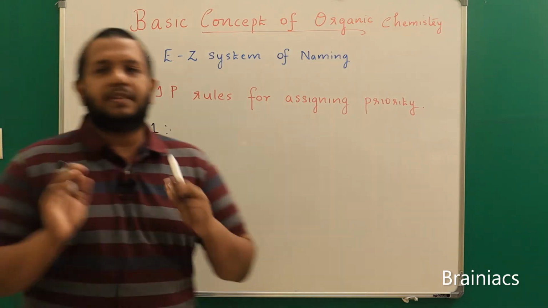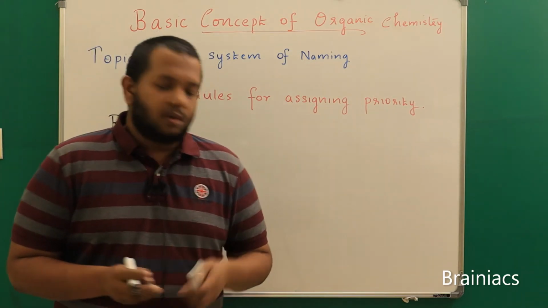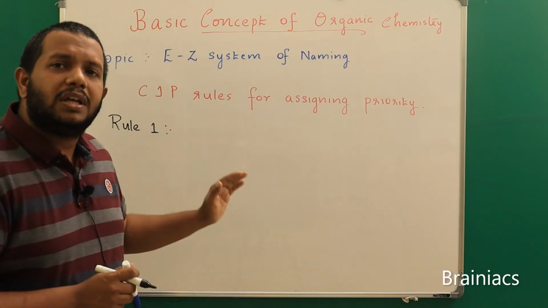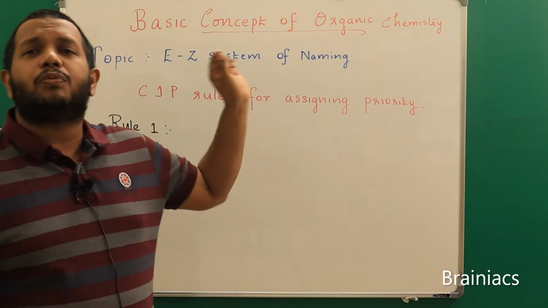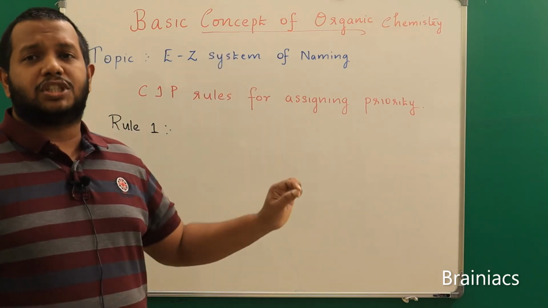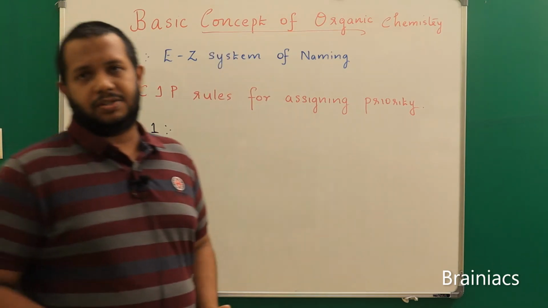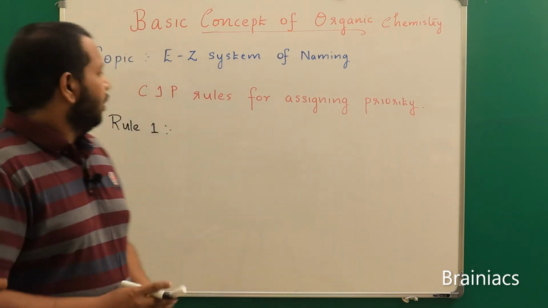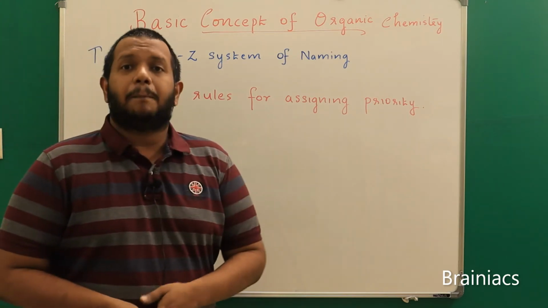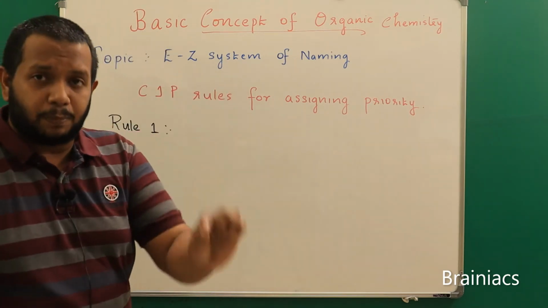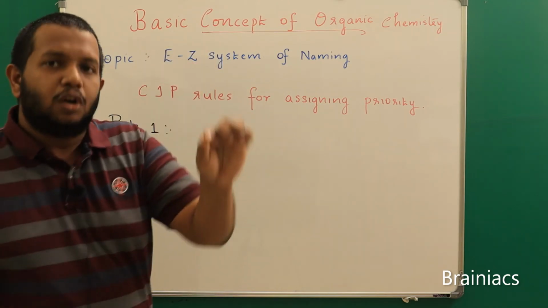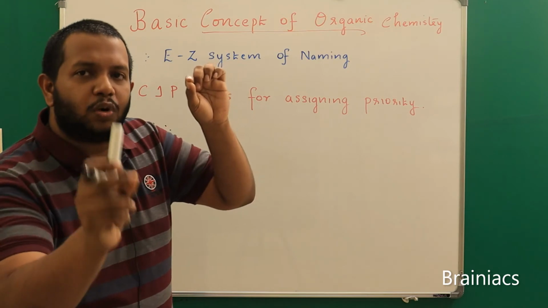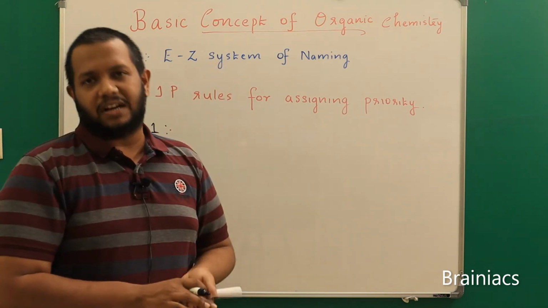So what is basically rule 1 stating about? The rule 1 states that priority is directly proportional to the atomic number of the element to which the bond is connected. I can say one more time, priority is directly proportional to the atomic number of the element to which this sp2 hybridized carbon atom is connected.